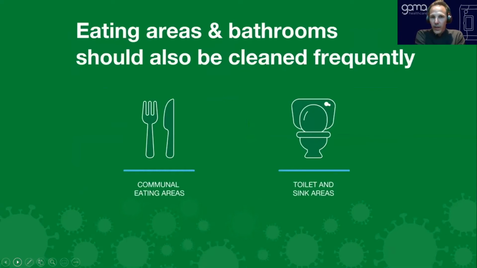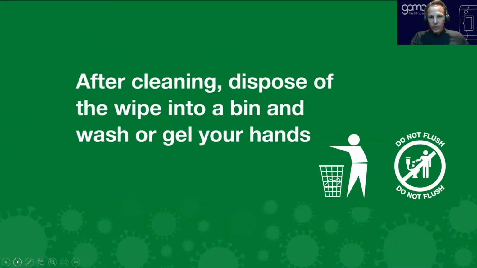And then don't forget food areas and bathrooms, which need to be cleaned and disinfected on a regular basis. And then you dispose of the wipe in the bin. And then of course, we do recommend performing hand hygiene after cleaning and disinfection.